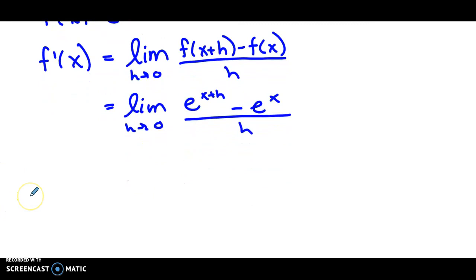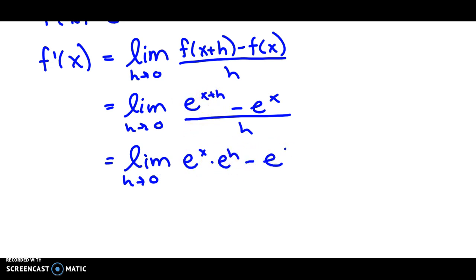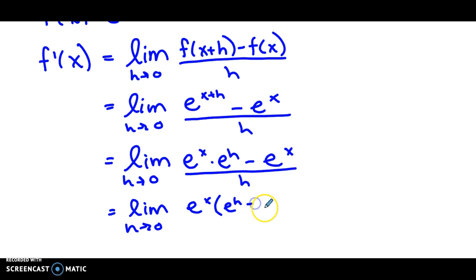Again, the purpose of this is to find out what the derivative of e to the x is. Now, using my rules of exponents, I can rewrite this as e to the x times e to the h. Right, that's one of our rules that we've known. And now I could take out a GCF of e to the x in my numerator, and remaining I would have e to the h minus 1 all over h.